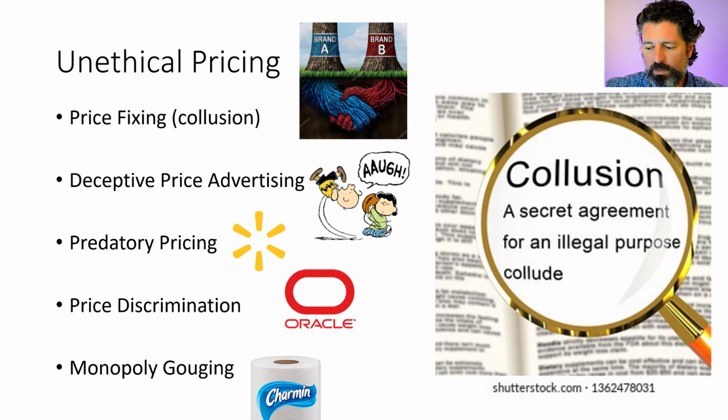So price discrimination is when a company charges different prices to different people for essentially the same product, just depending on what they think that person would be willing to pay. So one of my friends worked in software sales for a while, and he said that his company would essentially go to a potential client, size them up, see how much value they would get out of the software package, and then charge them accordingly.